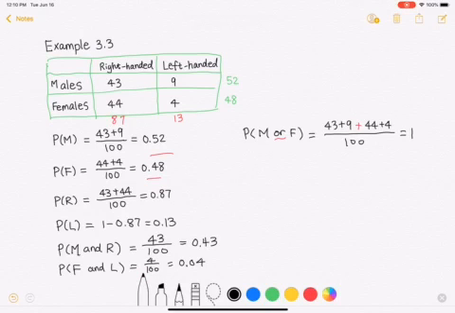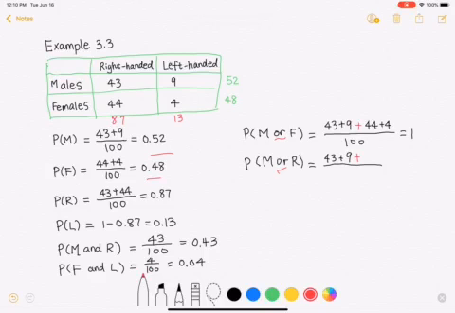So next, you find the probability of male or right-handed. Okay, now this is important to see the difference. So you want to find male. Okay, we can count. 43 plus 9 are the males, and then it says or right-handed. So again, you add. Okay, which right-handed do we not have added yet? 43 is already added.